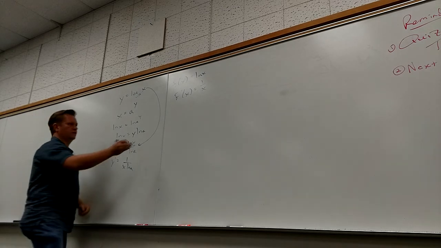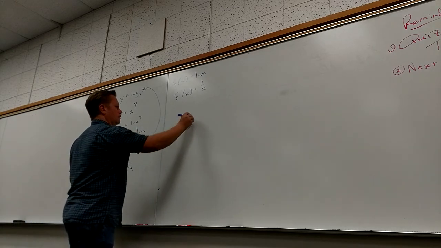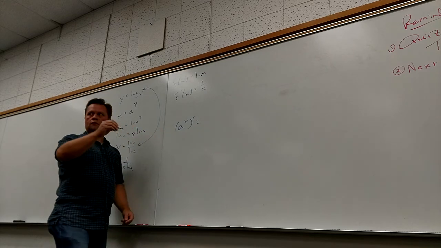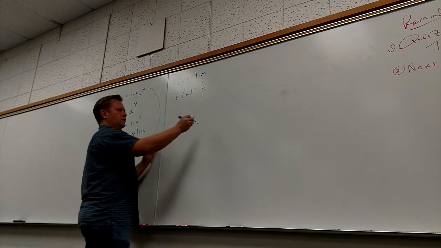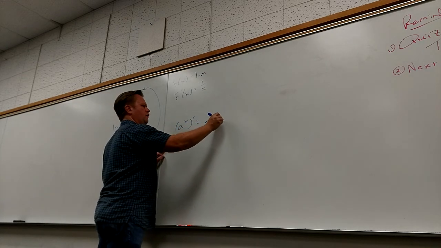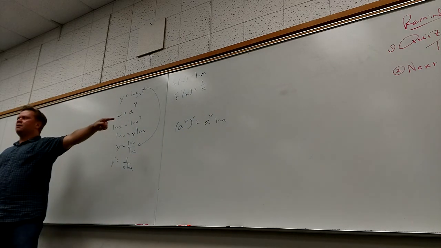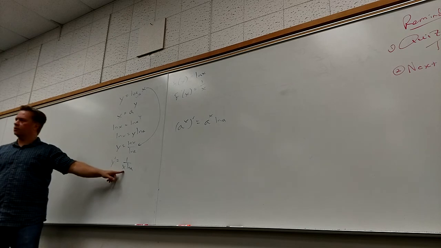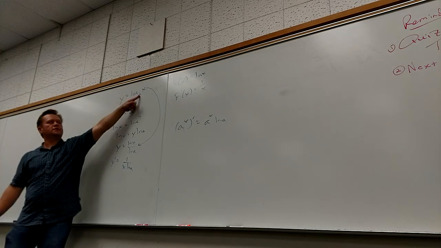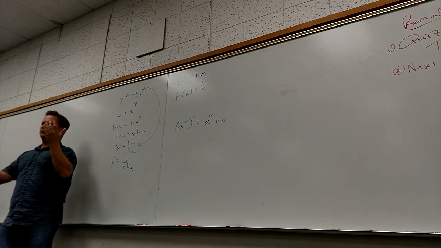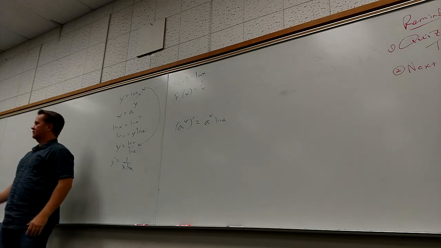Remind me, what's the derivative of a to the x? Yeah, a to the x times ln of a. So that same ln of a adjustment shows up here also because the base wasn't e. It's beautiful. It's the same reason.